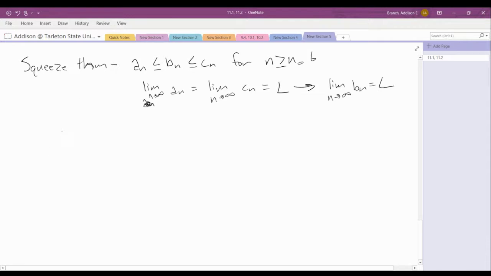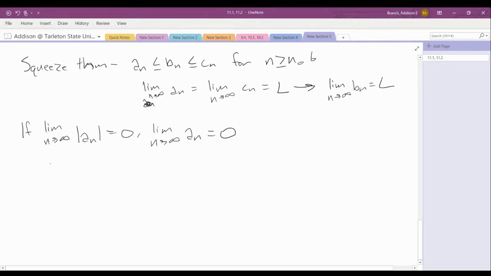So another important one states that if the limit as n approaches infinity of the absolute value of a sub n is equal to 0, then the limit as n approaches infinity of a sub n is equal to 0.